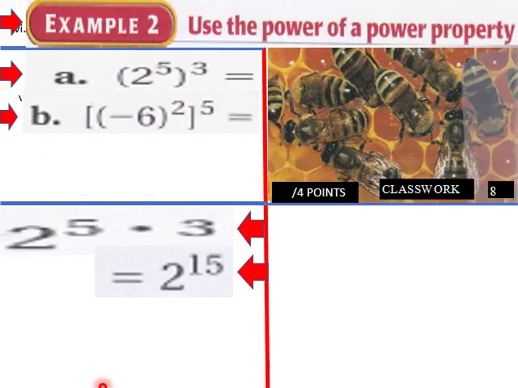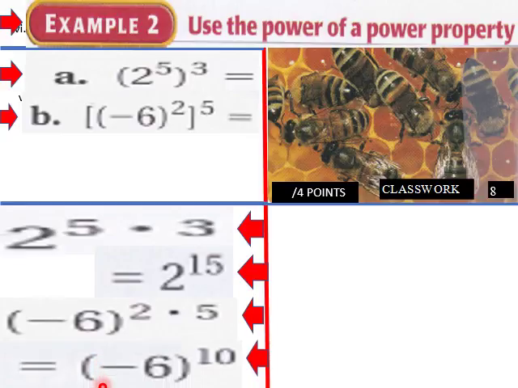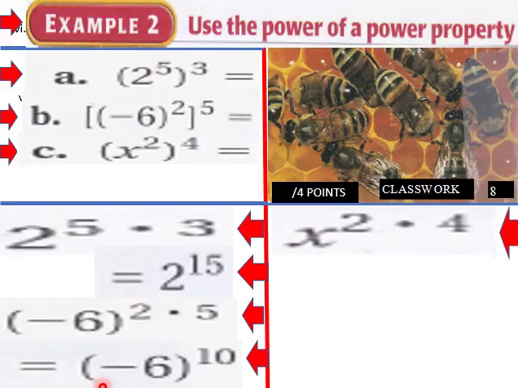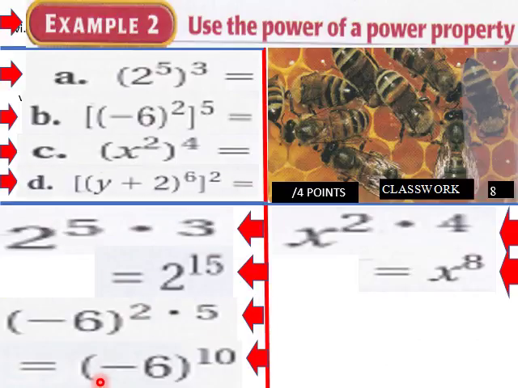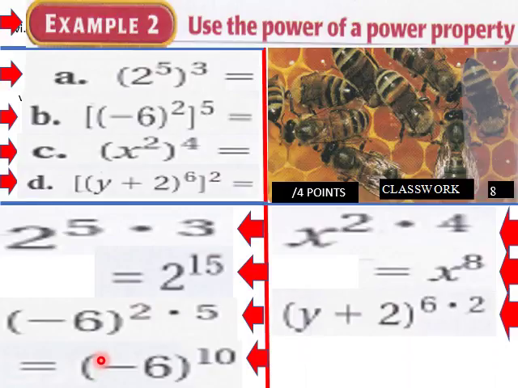And then for B, negative 6 squared to the 5th power is negative 6 to the 2 times 5, negative 6 to the 10th power. And then C, x squared to the 4th power is x to the 2 times 4, x to the 8th power. And then D, y plus 2 to the 6th power squared will be y plus 2 to the 6 times 2, y plus 2 to the 12th power.